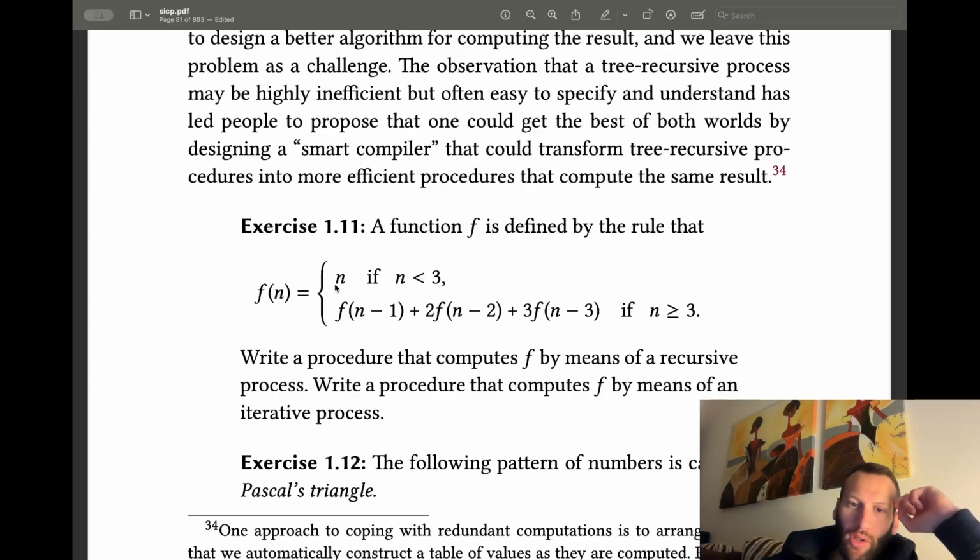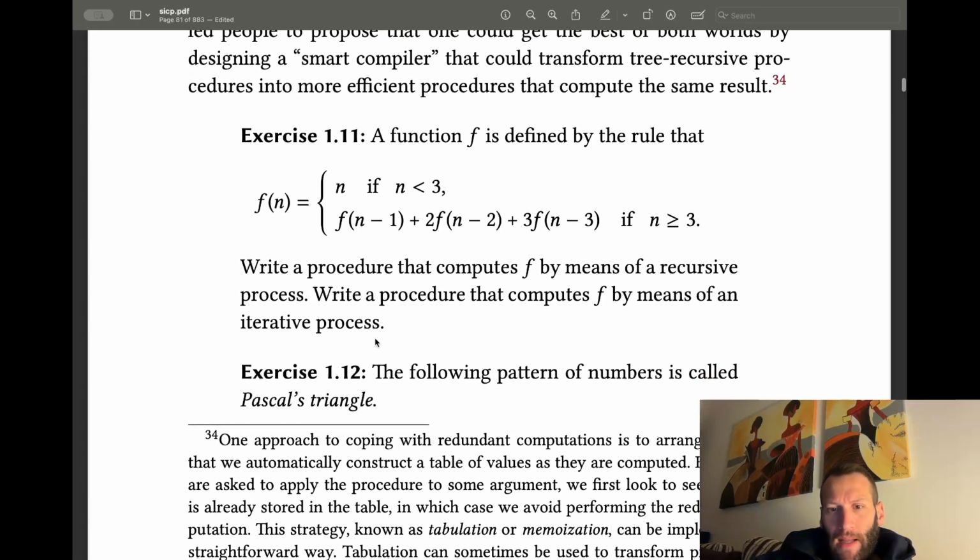Write a procedure that computes f by means of a recursive process. Write a procedure that computes f by means of an iterative process. Okay, this could be an interesting exercise to do. Maybe I will do it.